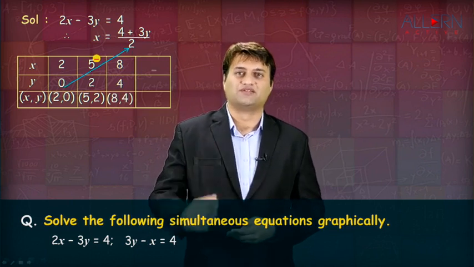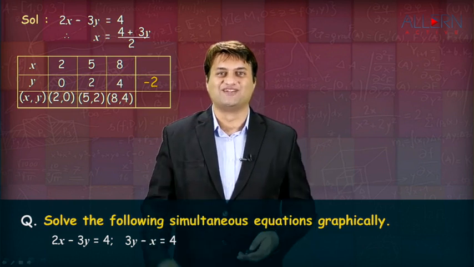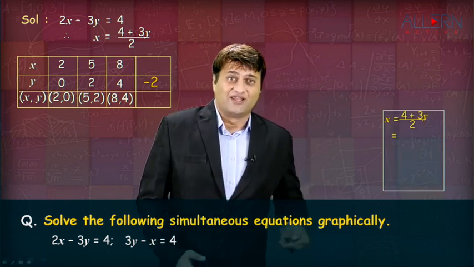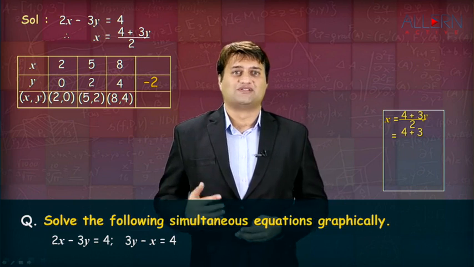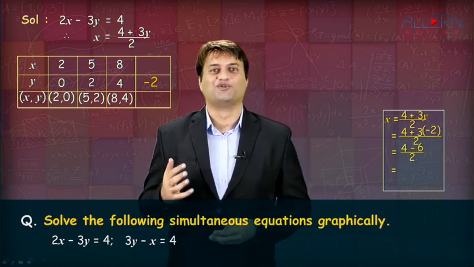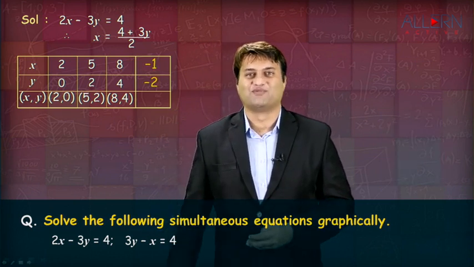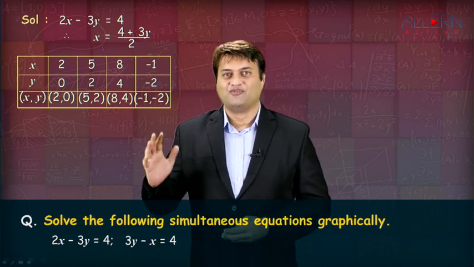And then you take it as minus 2. See the calculations, x is equal to (4 plus 3 into minus 2) upon 2, that's (4 minus 6) upon 2, that's minus 2 upon 2, which is equal to minus 1. So the point is minus 1 comma minus 2. We get the 4 points.